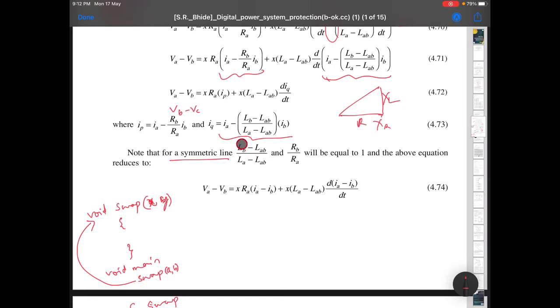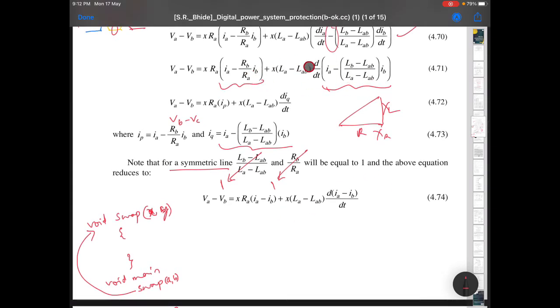LA is equal to LB, then the upper term and lower term are the same. If they are the same, it is the same as 1, so this is also the same as 1. So if you simply replace it by 1 here, this equation reduces to this.